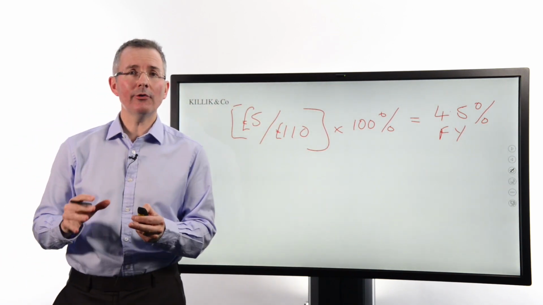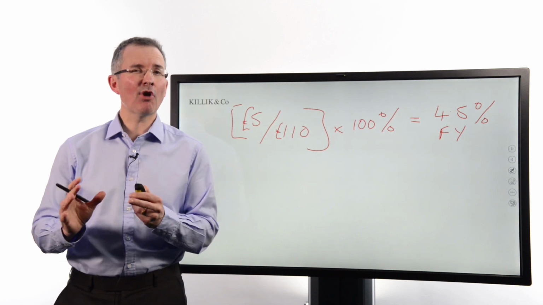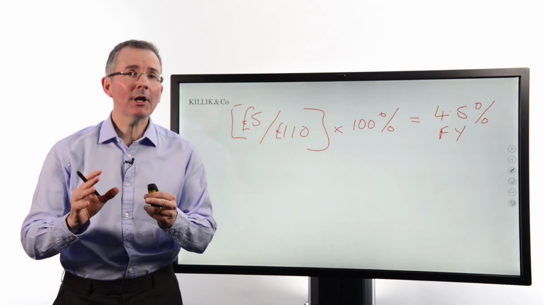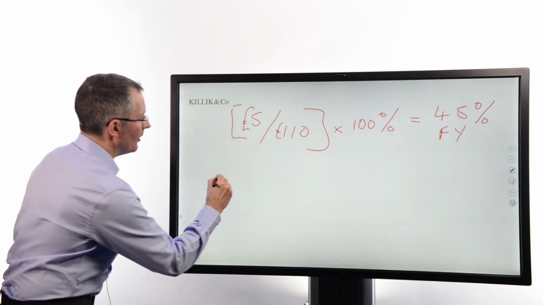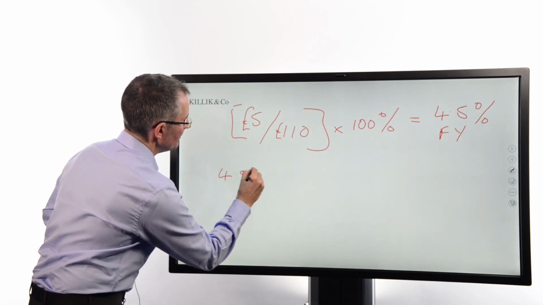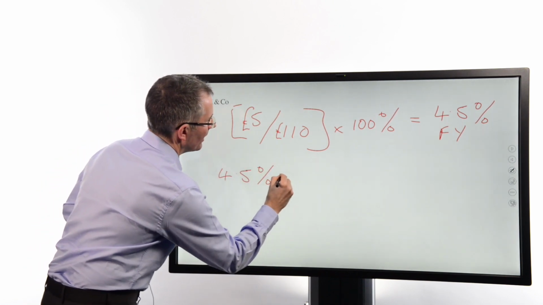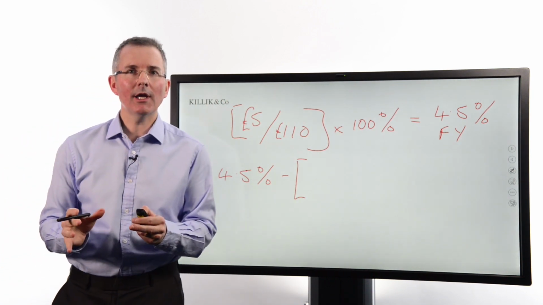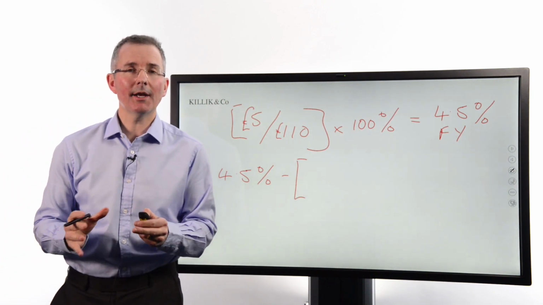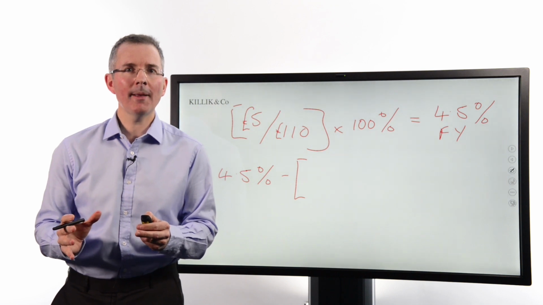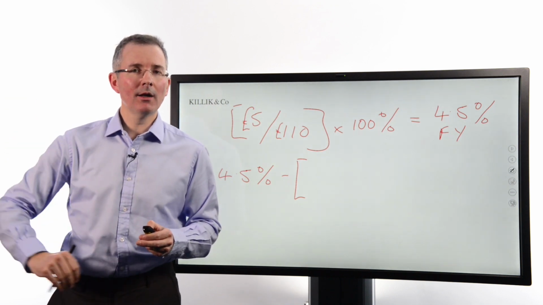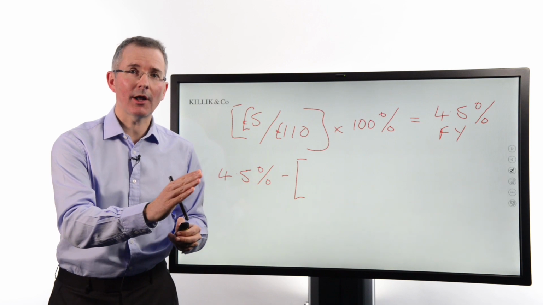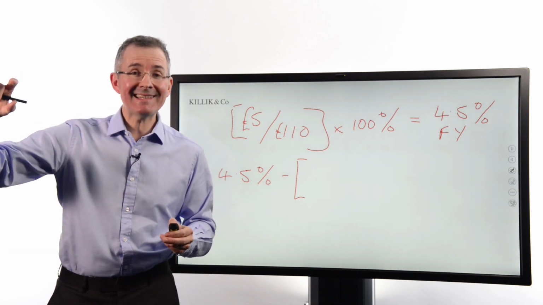Now the method I'm going to use is an approximation. All right, the proper method is a little bit more scientific, but it'll do for illustration. What I would do is take the 4.5% and make a little adjustment. Here it comes. I'm going to knock off £1 a year as my overall return and express it as a percentage. Why? Paying 110, remember, it'll be cashed in for £100 and it's a 10-year bond.